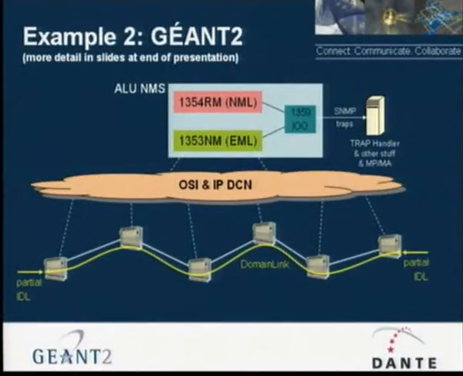This is the example for Géant. So here we have our Alcatel system at the bottom, the 1626 Light Manager WDM system, and it's managed by a relatively closed DCN, data communication network, running OSI. So we don't really do much with that at all.